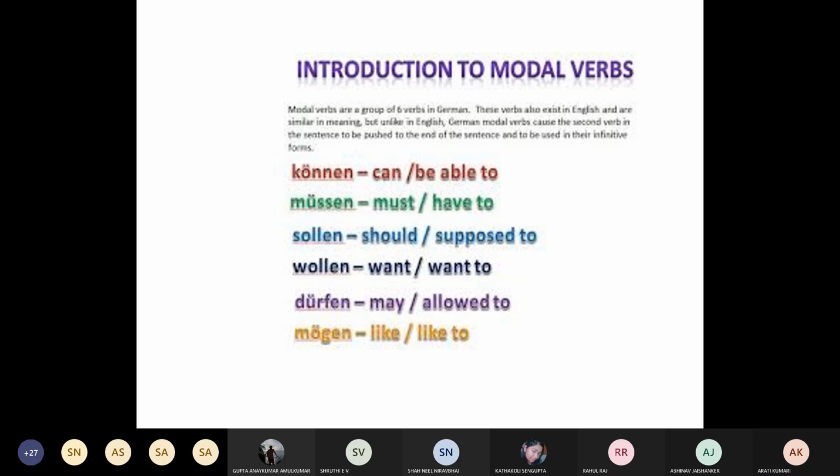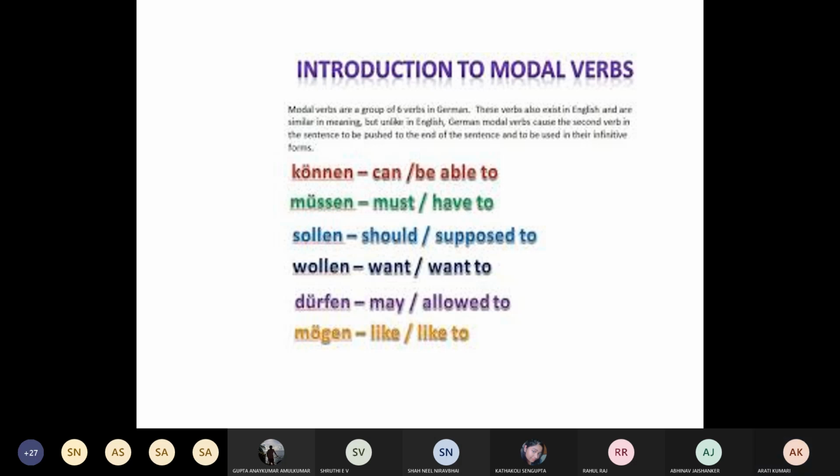And I will give you another variation of saying the same thing. In place of wir, we can also say one. No, one is not allowed to smoke on campus. In German it's called man. Man is used as third person singular. The way you conjugate a verb for he, she, it, the same way you conjugate it for man.